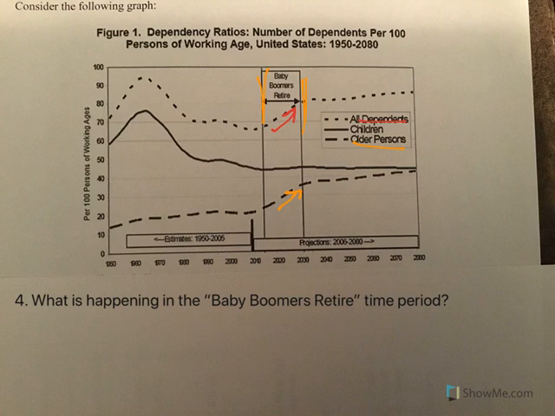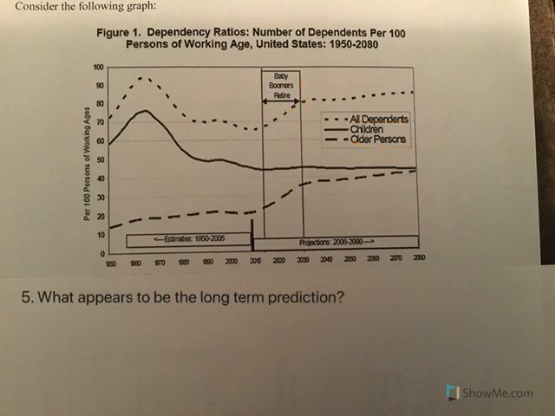They're part of the old people. So the overall dependents are increasing dramatically. Because the old people, now the children are kind of staying level. We're having babies at a constant rate, but our old people are retiring at a very quick rate.